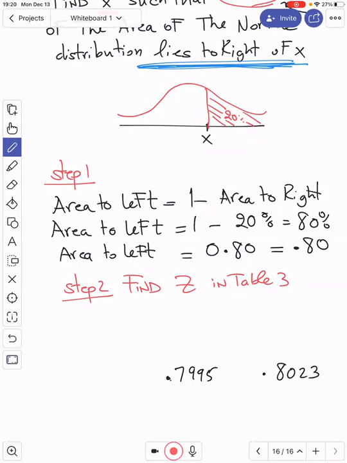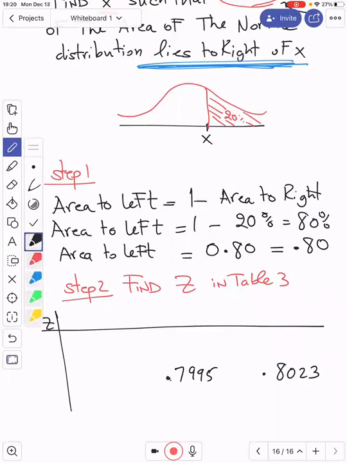And the corresponding z: this is 0.8, and here it's 0.04, and this is 0.05. Okay.